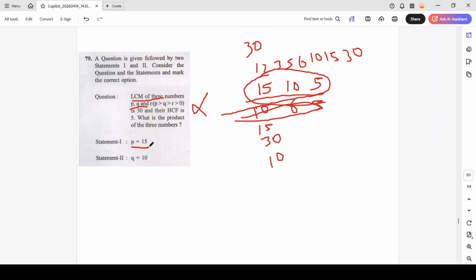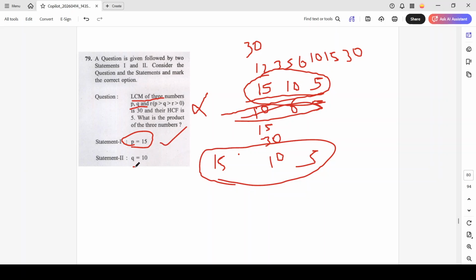So if I take P as 50, then what will be the other possibility? Q will be 10 and R will be 5. So this is possible. That means this statement can't answer the question. If I take Q as 10, then P could be 30, P could be 50.